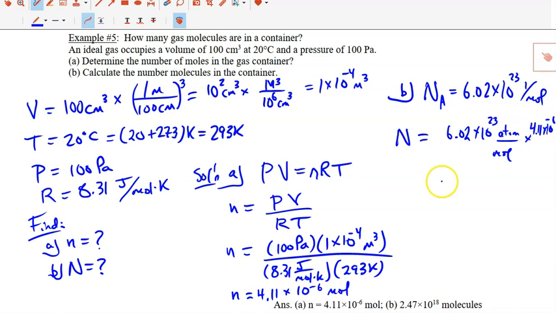I'm barely fitting that in there. That gives you 2.47 times 10 to the power of 18.